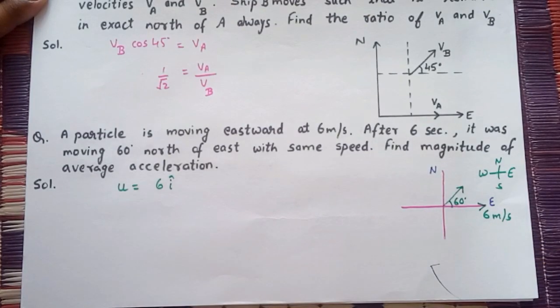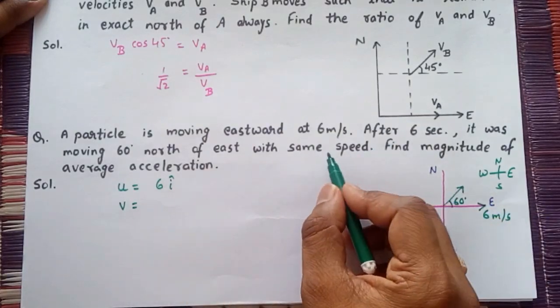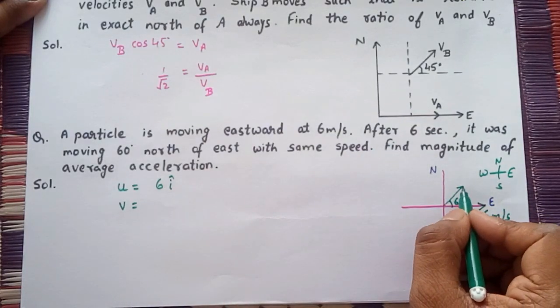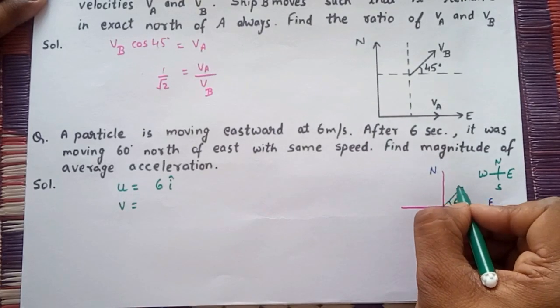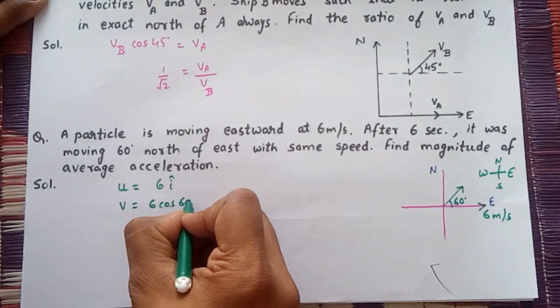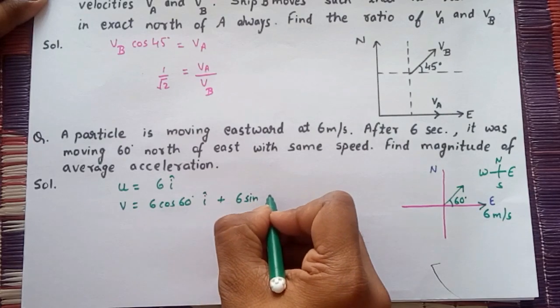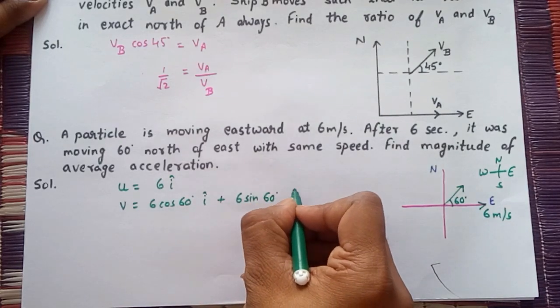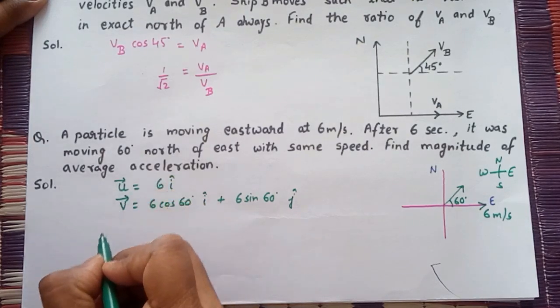So final velocity v is equal to, it is also with the same speed, so how to write this vector? If I am taking the horizontal direction, it is of 6, so it will be 6 cos 60 degree i cap and 6 sin 60 degree j cap. This one is u vector and this one is v vector.